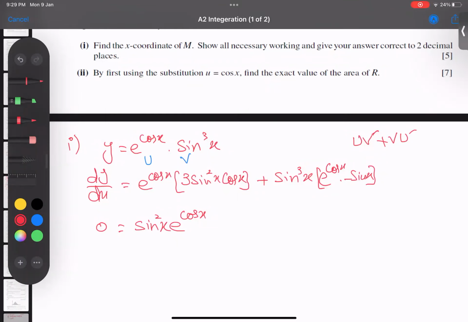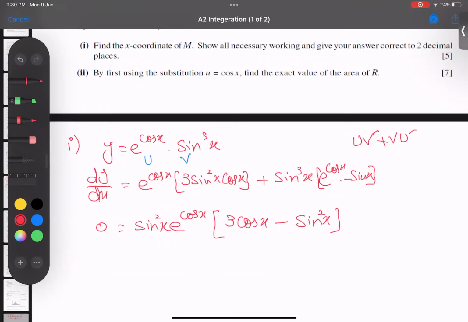And what is left further? Sine square gone, the exponential gone. So 3 cos is left from here, and this is minus into plus, minus. Here, out of sine 4, sine square gone, so sine square is left.